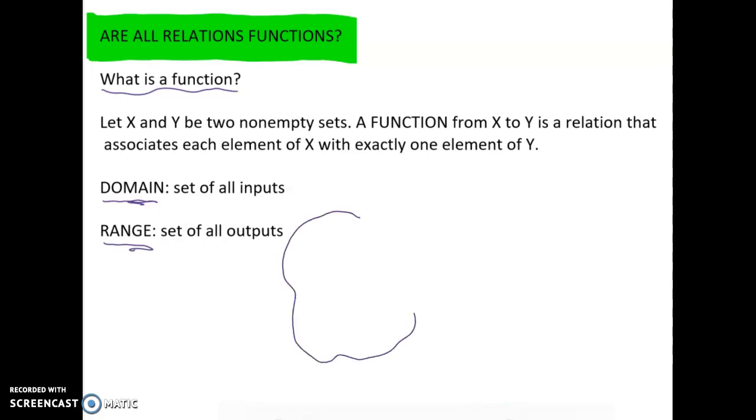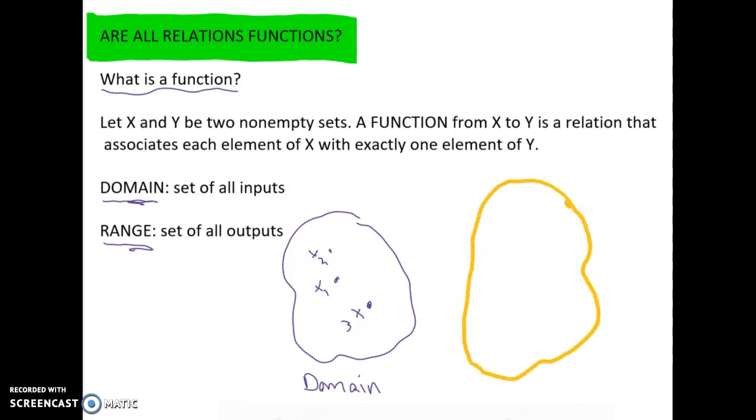So if I have a domain with particular different x values, in that domain, I could also have a range, or we'll say a y set. This is our set of y. We'll call this our set of x. In our set of y, we'll also have values.